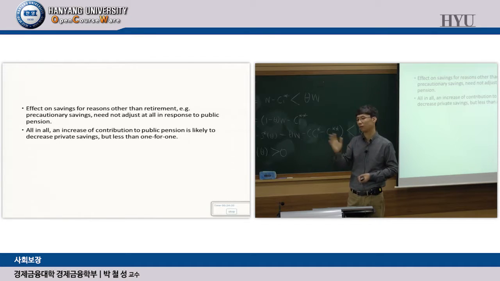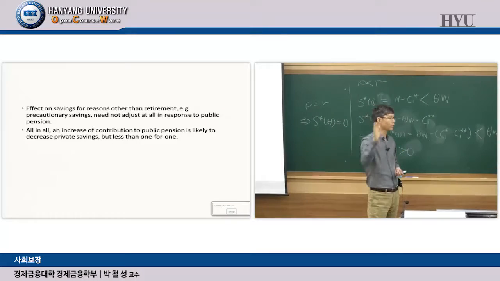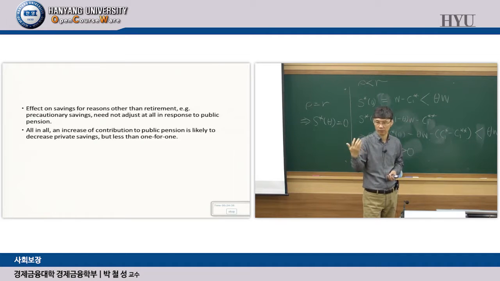It will depend probably on the proportion of savers and spenders. If you have more savers, then the percentage is likely to be lower. If we have more spenders, then the percentage of increase of total savings will likely be higher. Well, it also depends on the rate of return to pension and the rate of return to private savings. If the rate of return for pension and for private savings are equal or very similar, then private savings will decrease even more.